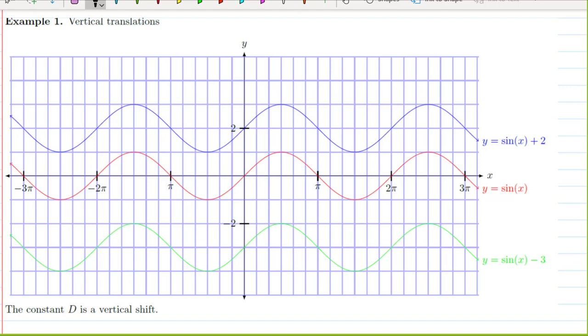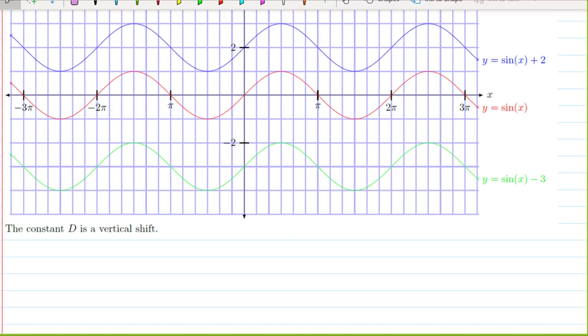Similarly, if we do y equals sine x minus 3, it just takes our graph and shifts all of our points down exactly 3 units. So this is the same rule that we were using back in chapter 2. So adding or subtracting a number after our trigonometric function, like we saw here, takes and shifts our graph either up or down that many units.